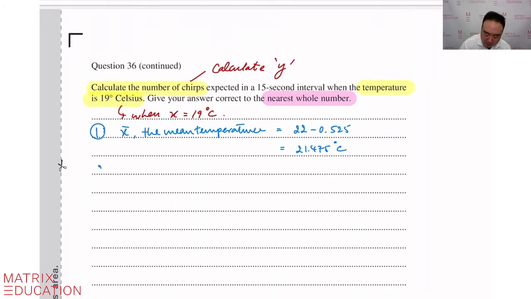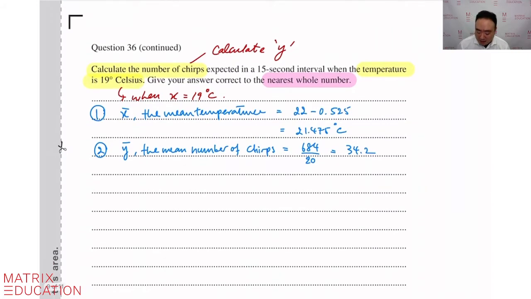Number two, y bar, the mean number of chirps. That was 684 over 20, which is 34.2. Now two pieces of information are down.